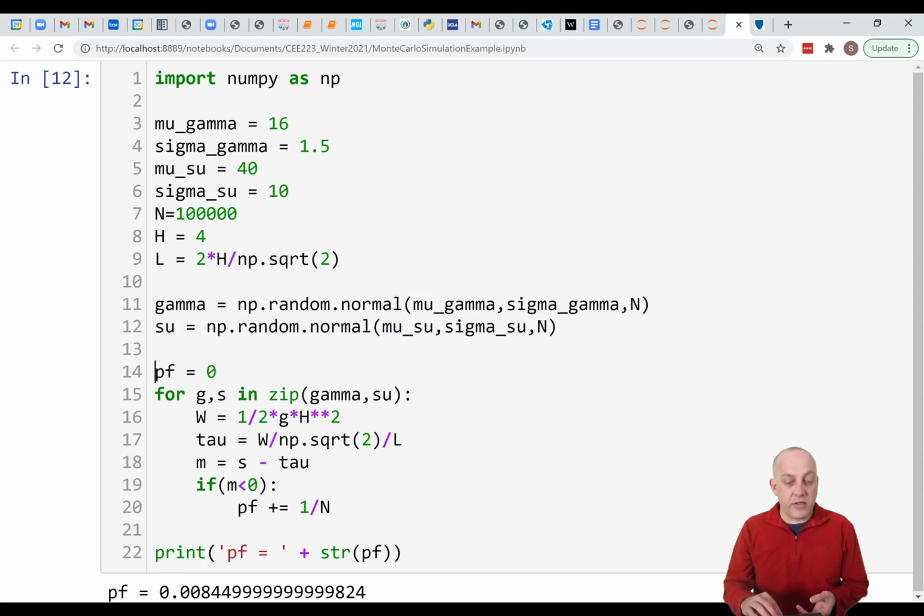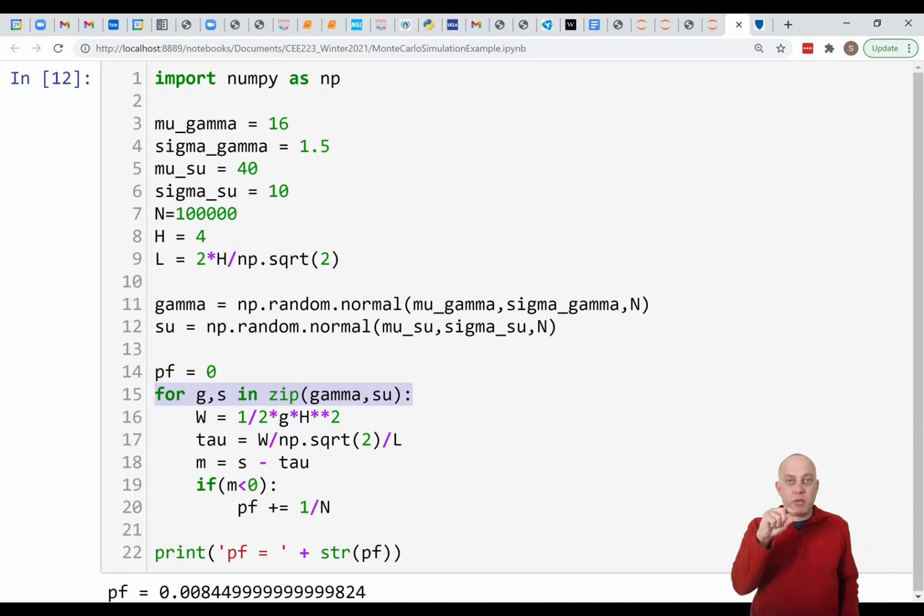Now what I'm doing in this code is computing the probability of failure. So I'm setting it to 0 initially. And then I don't know how many of you have used Python before, but it has this really cool way of doing for loops.